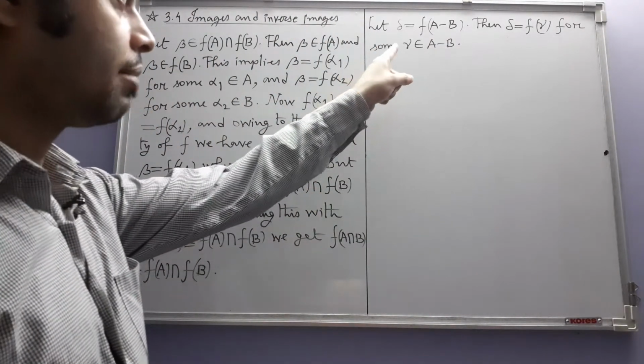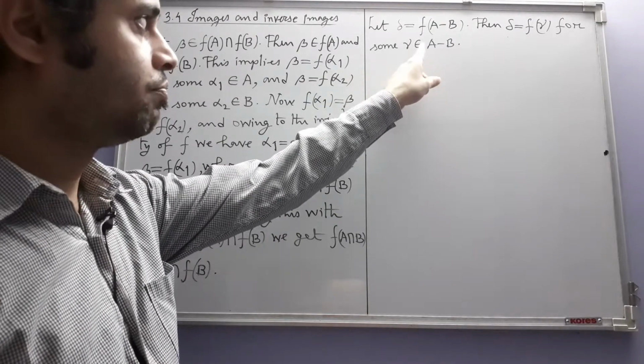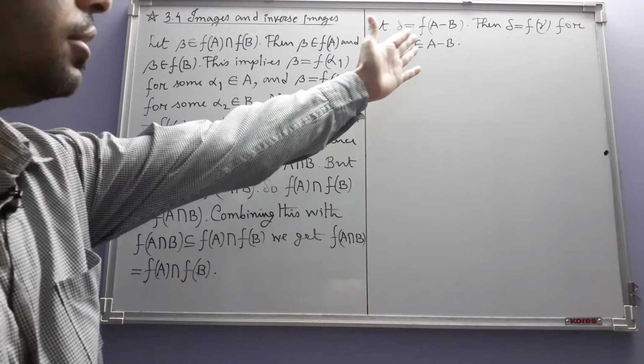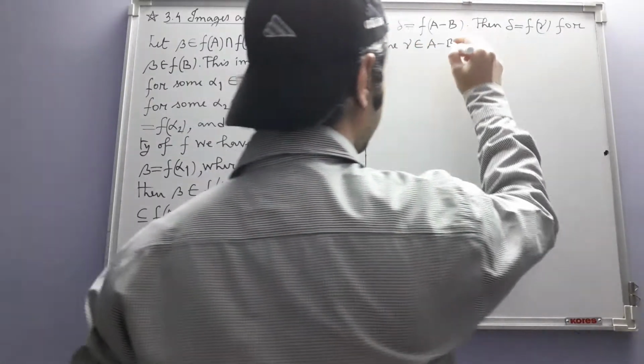Now since gamma is in A minus B, gamma will be an element in A and not in B by the definition of A minus B.